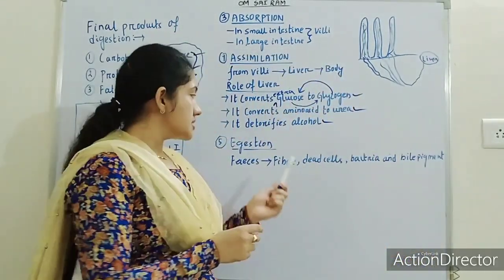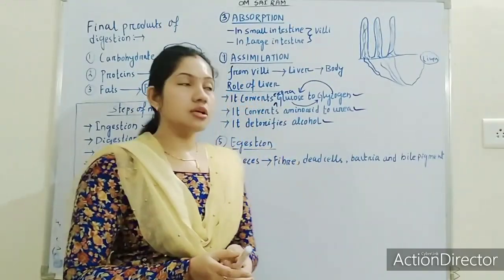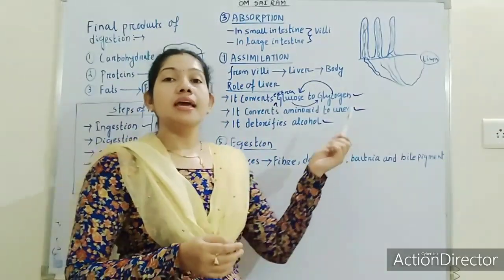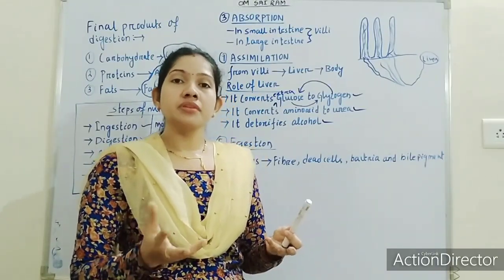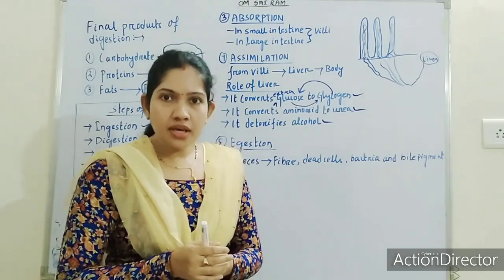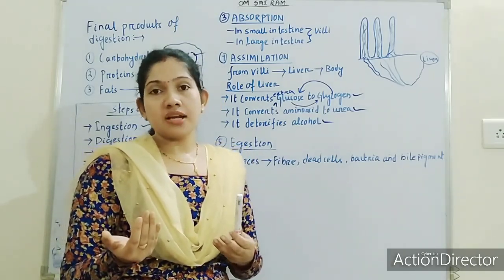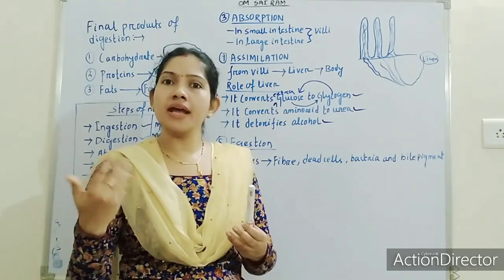Now the last process is egestion. It is very simple. After completing the process of assimilation in the small intestine, in the large intestine some solid mass will be remaining. Okay, the small and large intestine have some parts. What are the parts? Cecum, colon, and rectum.